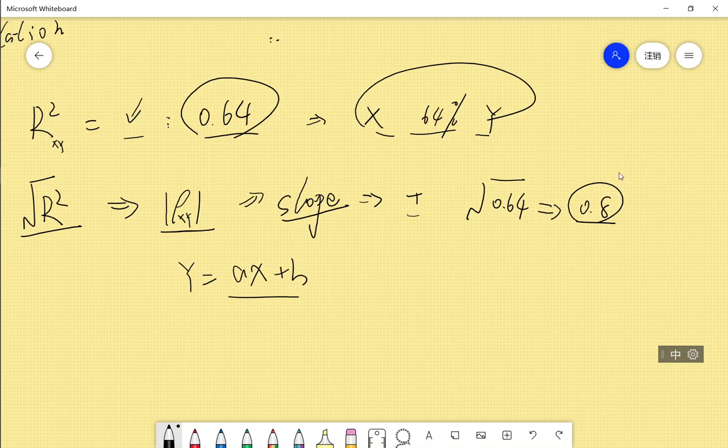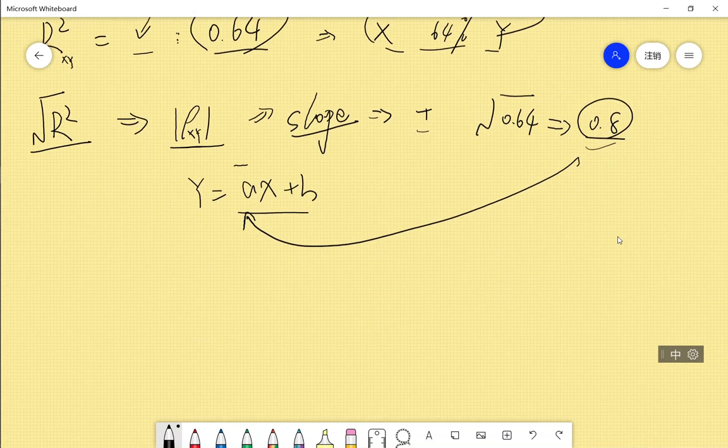You need to make a judgment call by looking at the a here. If a is positive, the correlation of x and y equals 0.8. And if a is negative, the correlation between x and y equals negative 0.8. Both are correct numbers.